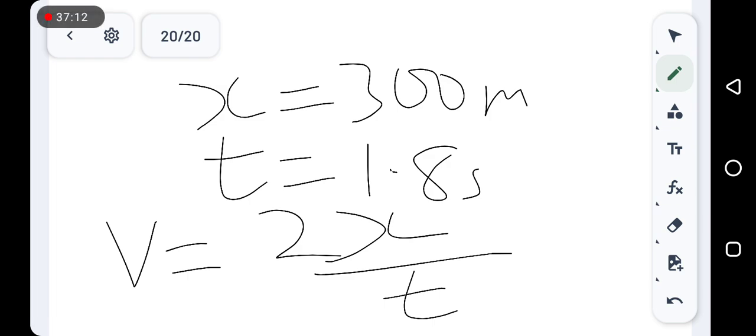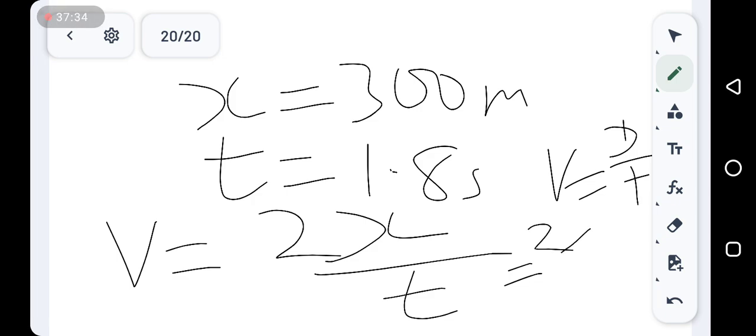So this is just from the normal V is equal to d over t. Now because the distance is multiplied by 2, we have 2x over t. So in this case, we now have that the velocity is equal to 2 times 300 over time is equal to 1.8.